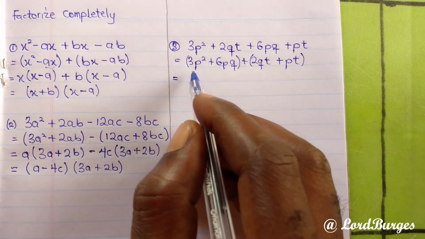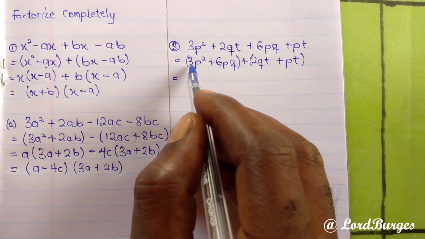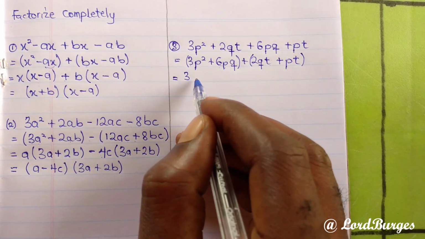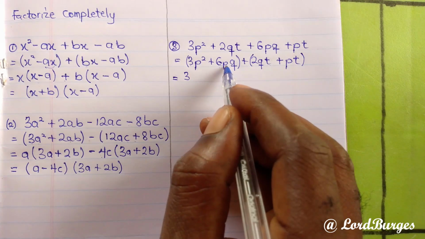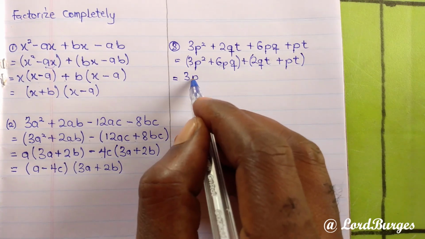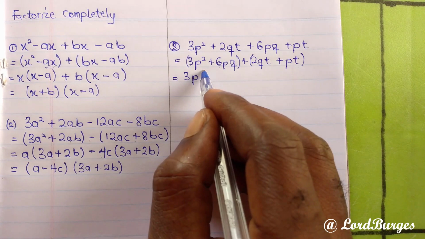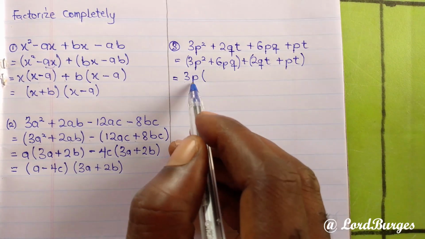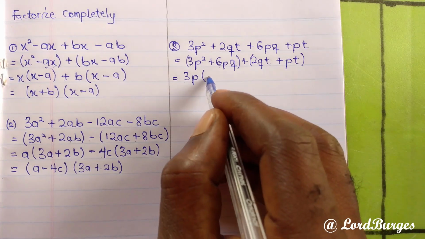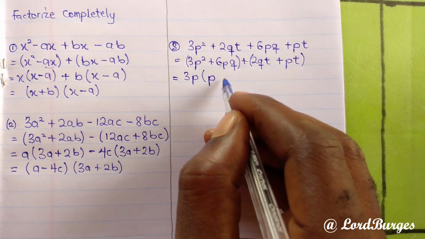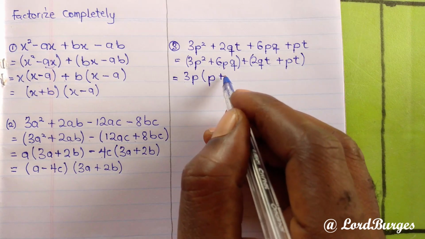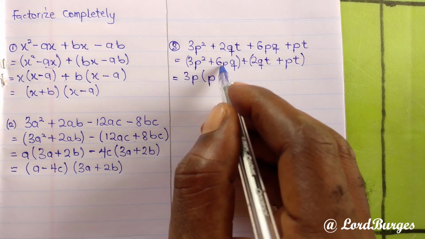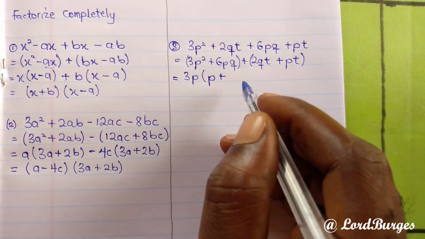What is the HCF of 3 and 6? That is 3. p squared and p, p is common. So now the 3 is out. One of the p is out. So I am left with one of the p, plus how many 3's are in 6? Which is 2.